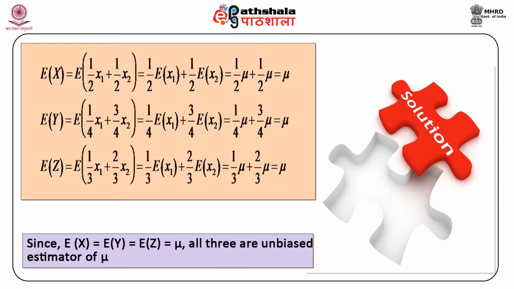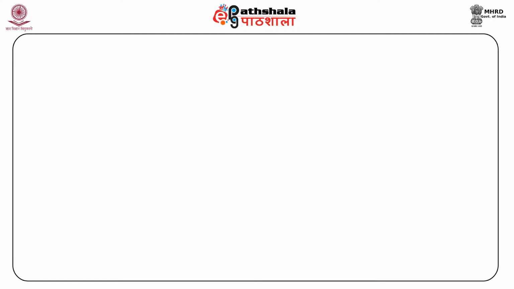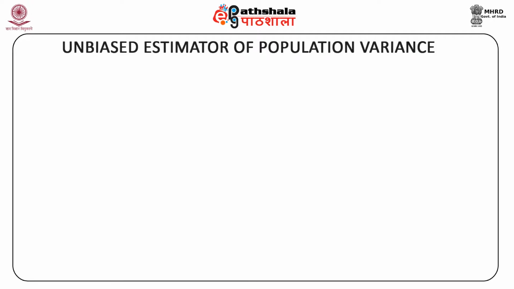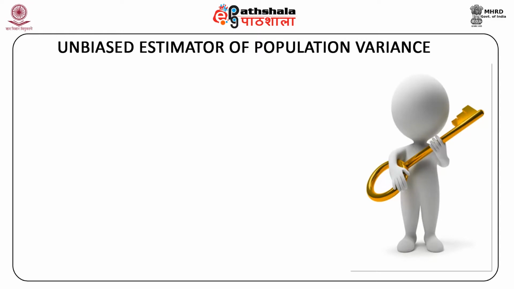So since expected value of x is equal to expected value of y is equal to expected value of z and are equal to mu, all three are unbiased point estimators of mu. Let us now consider the estimator for population variance sigma square.